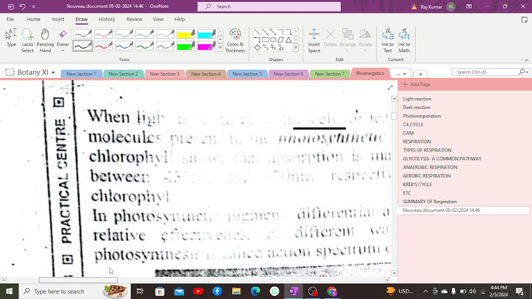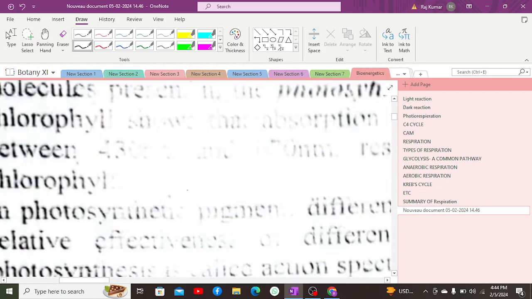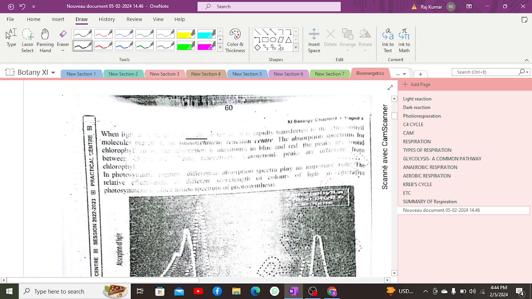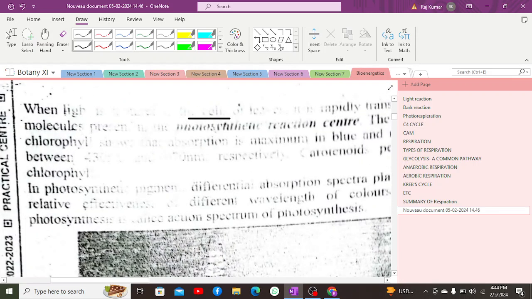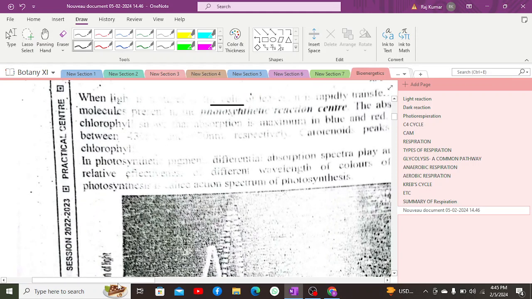Peaks are found between 430 and 670 nanometer. Apart from that, in photosynthetic pigments, a differential absorption spectrum is obtained.